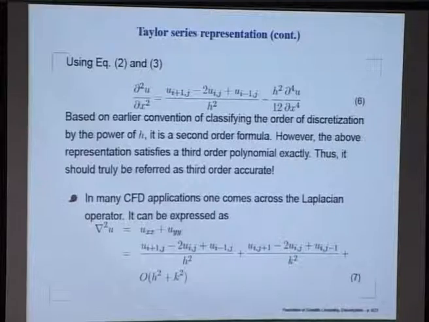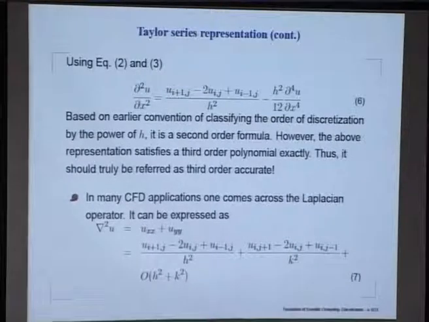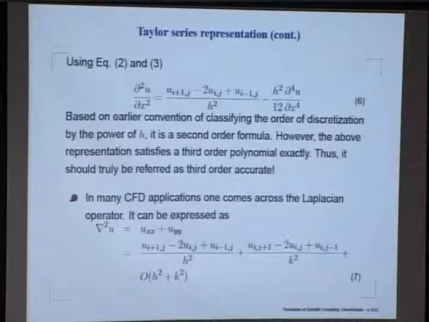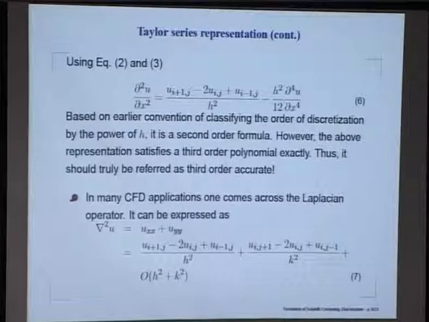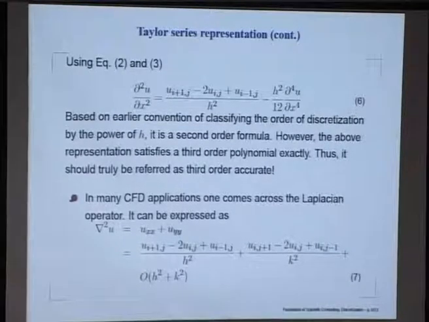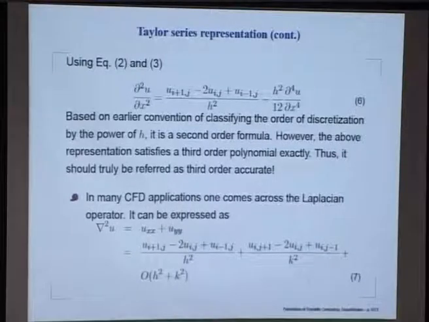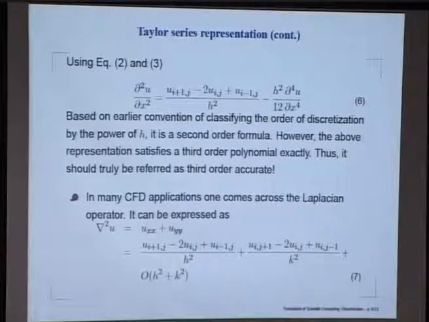So, that is the point we are trying to make. Now, in many applications, it is not necessarily that you will have to do fluid dynamics. Anywhere you do, you would be coming across this Laplacian operator very often, and in the way that we have developed here, we would be writing this, and we have already discussed it.